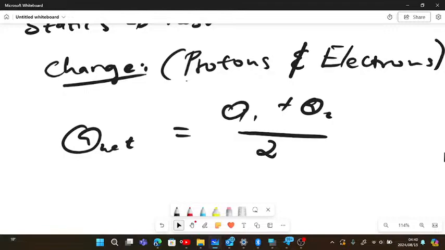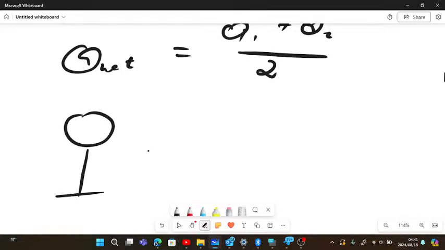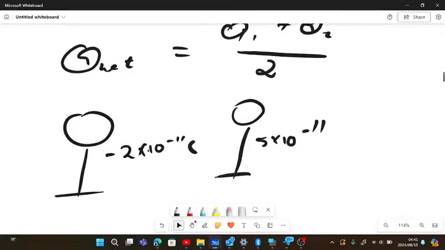Let us give a brief example before I go further. Let us assume that you have three metal spheres. The one metal sphere carries approximately -2 times 10 to the -11 coulomb, and the second sphere carries approximately 5 times 10 to the -11 as well.